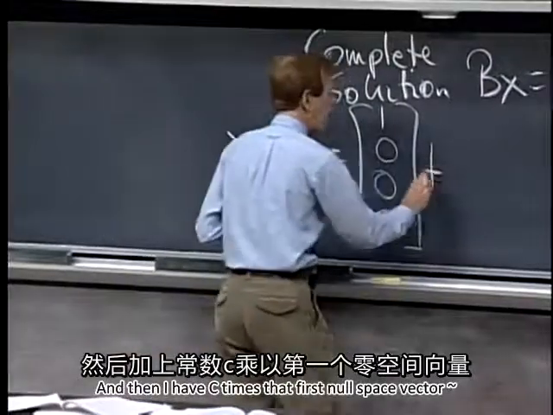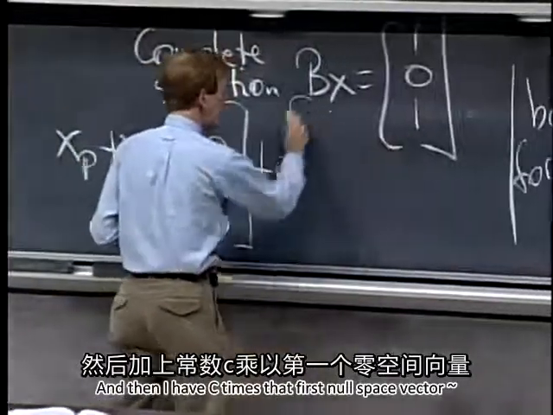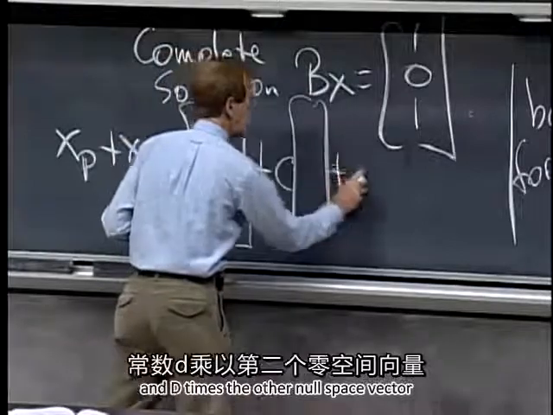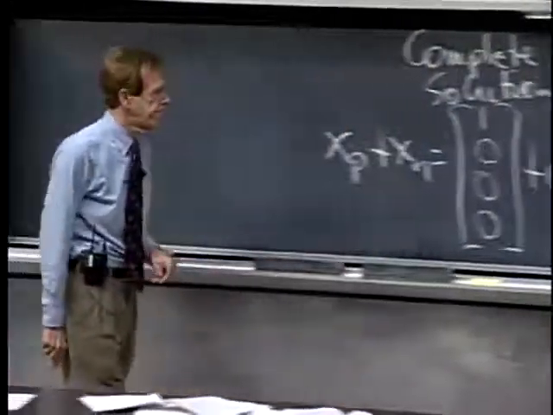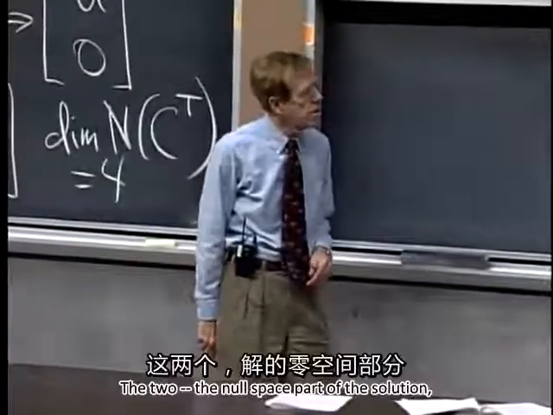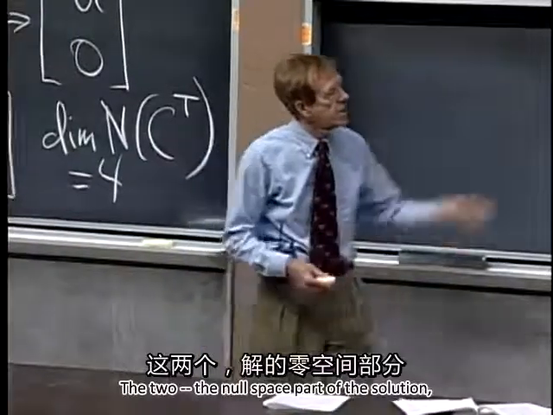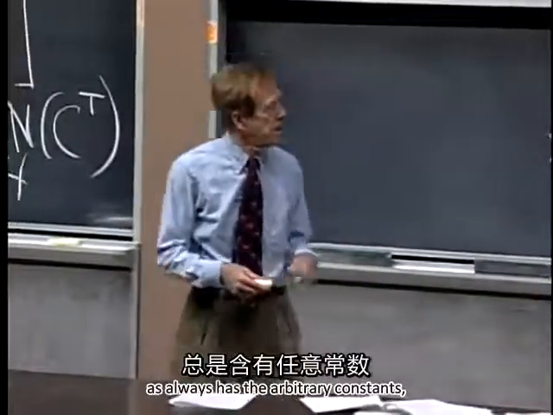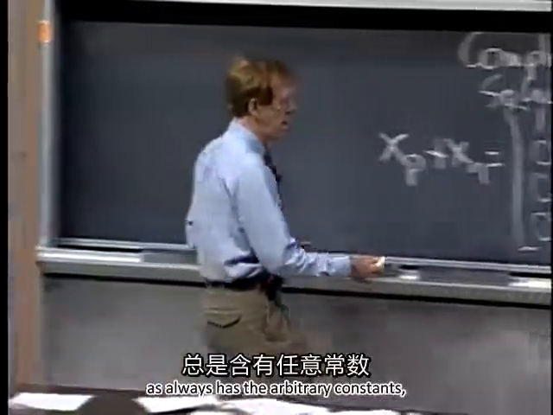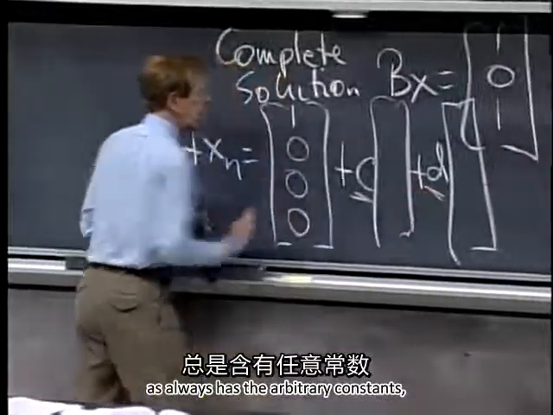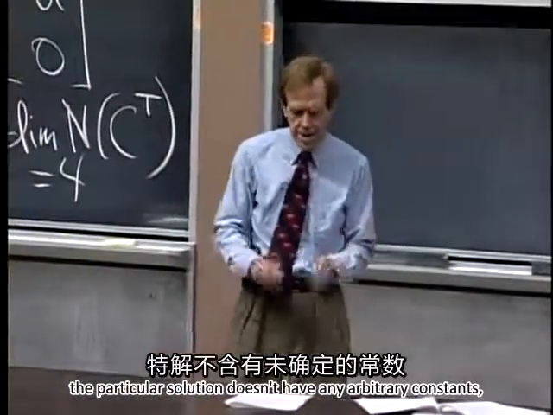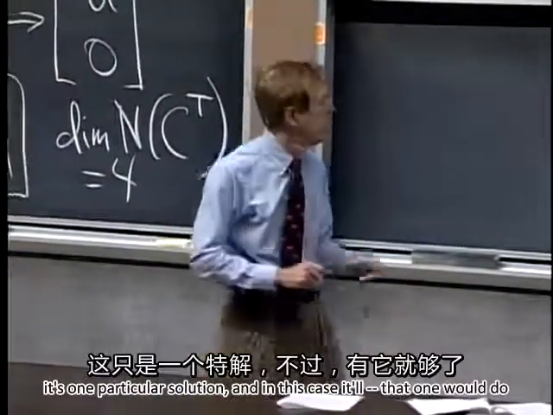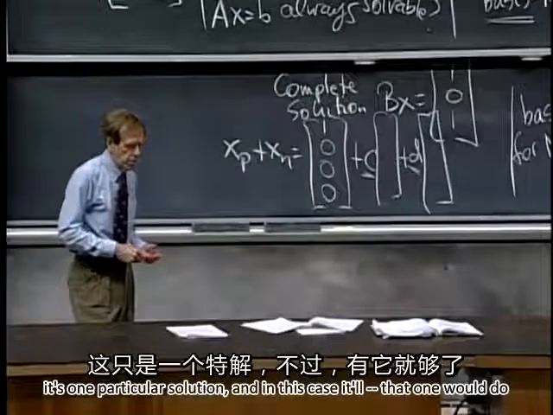And then I have C times that first null space vector and B times the other null space vector. Right? The null space part of the solution, as always, has the arbitrary constants. The particular solution doesn't have any arbitrary constants. It's one particular solution, and in this case, that one would do it.